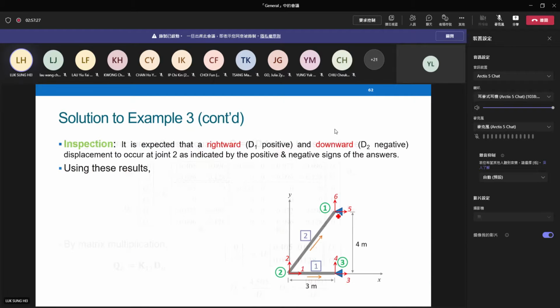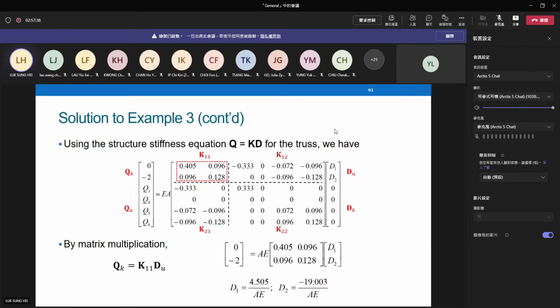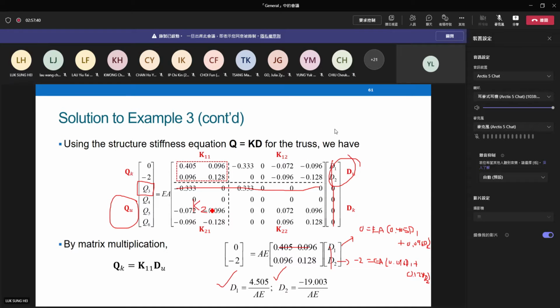Or you can operate as a whole using matrix. Unknown reactions equal to K21 times DU plus K22 times DK, but again, 0.